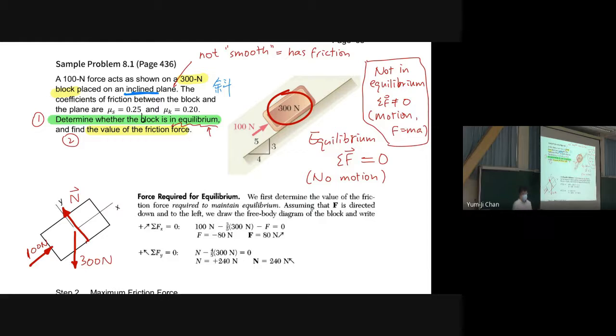Because we have friction here, there is some friction. So let's mark the friction on the free body diagram. Let's assume the friction is going down, because we are pushing up.